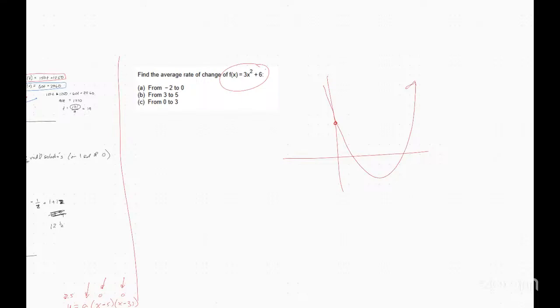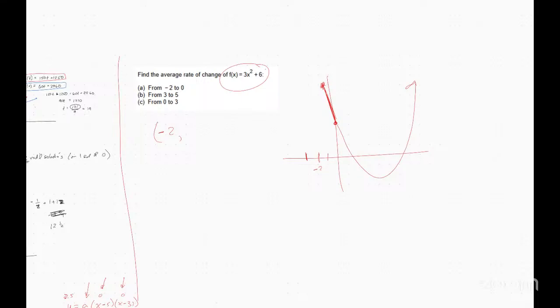So -2 would be right here, and 0. The average rate of change would just be finding the slope between those two points. So take those points, plug in -2, and you get -2 squared is 4. 4 times 3 is 12, plus 6 is 18, right?